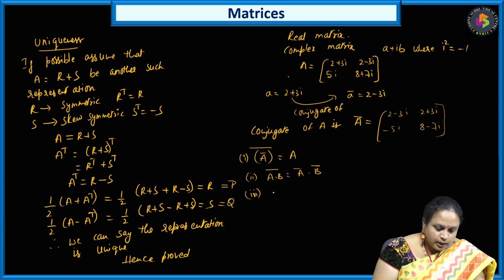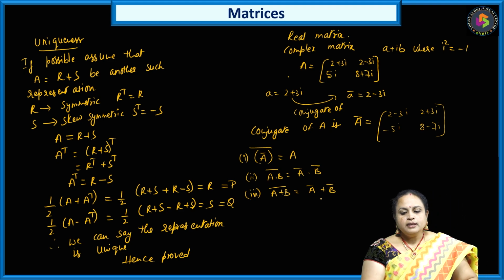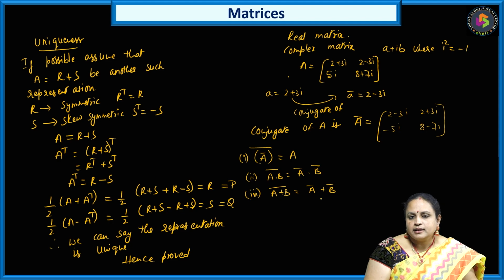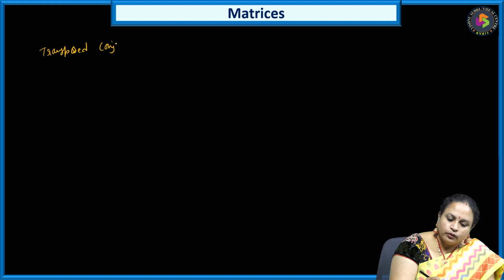And the third property: A plus B whole bar equals A bar plus B bar. So, this is a complex matrix and the conjugate of a complex matrix. Then we have the transposed conjugate of a matrix.